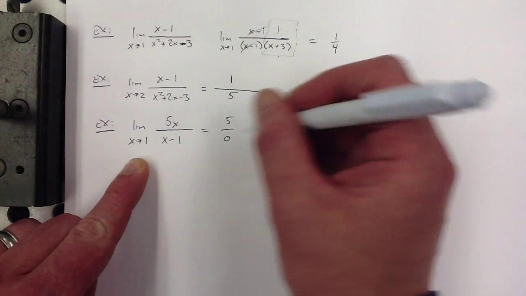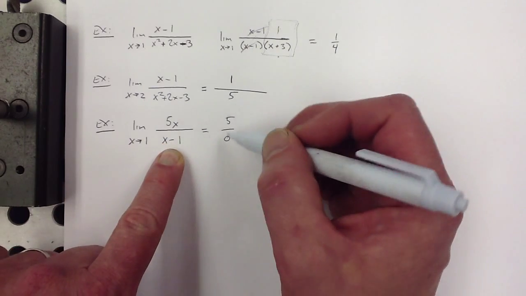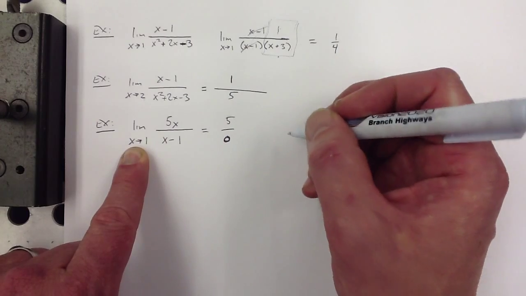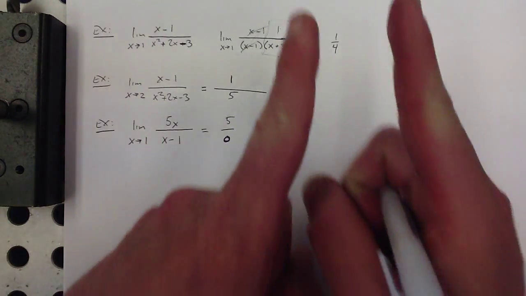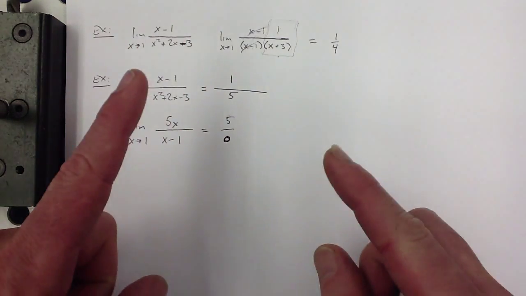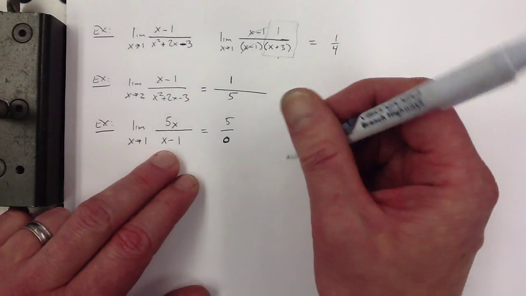Let's first check both sides. We know that there's some kind of vertical asymptote in the graph of this because of the 0 on the bottom. So what's happening? Are both things approaching up like this? Is it one of these kind of situations? Is it both going down? So let's see if we can figure that out.